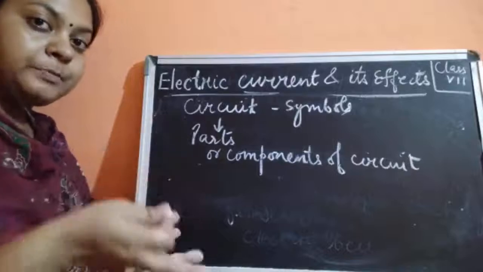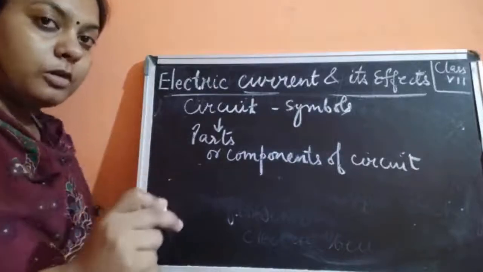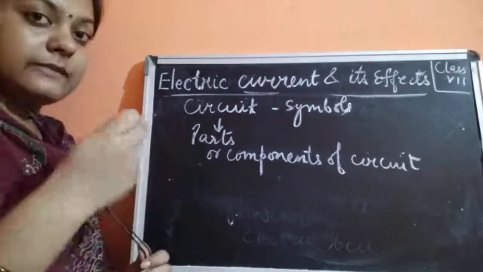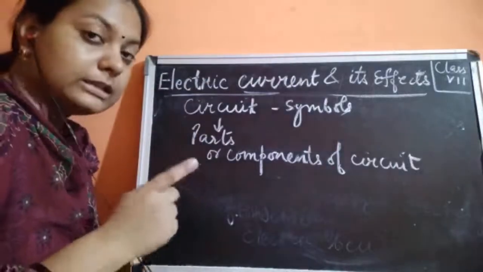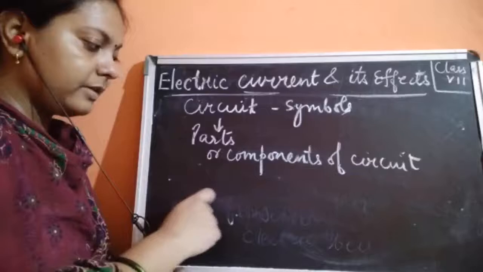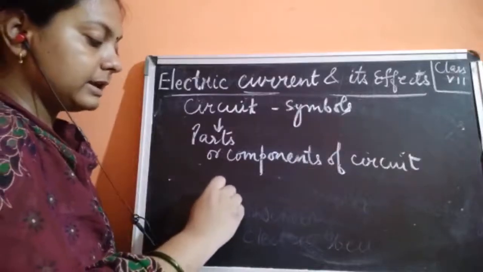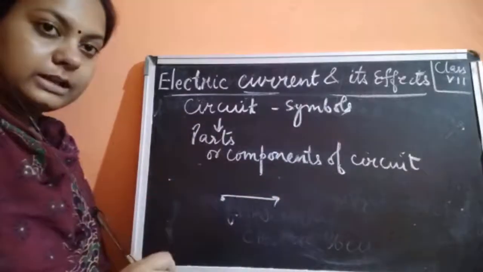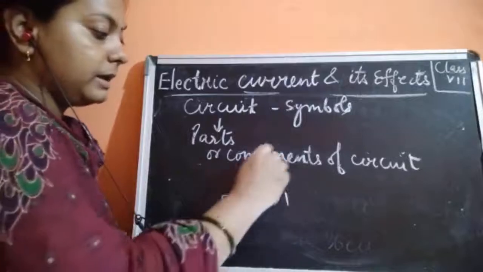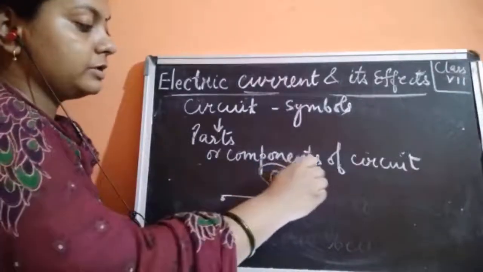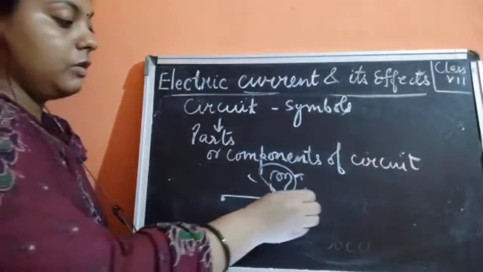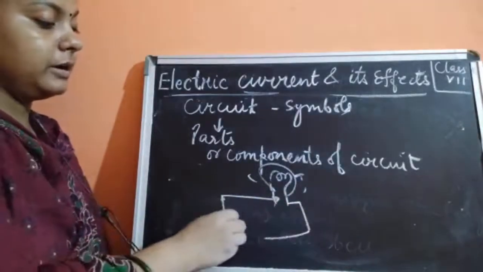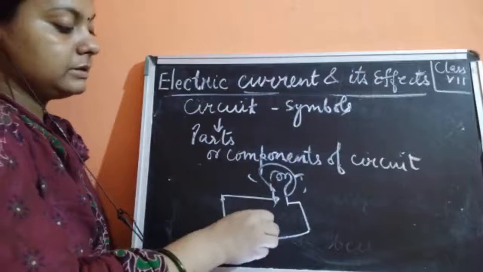For example, in your home, if the fan or the light is working, how is it working? Electric current is flowing from some place and going into the bulb, and because of that the bulb glows. Now what is that particular thing? I must tell you first.